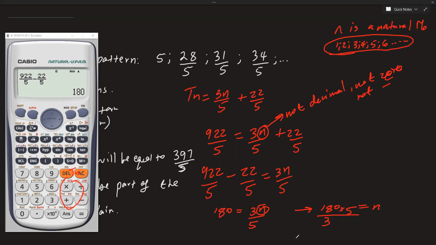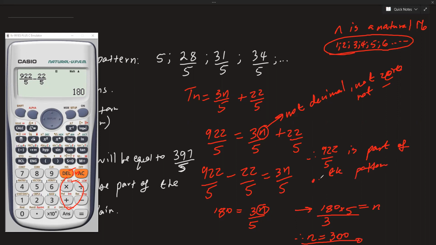And then if you press a calculator, n must give you 300, right? n must be 300. Then you're going to say, therefore, 922 over 5 is part of the pattern.